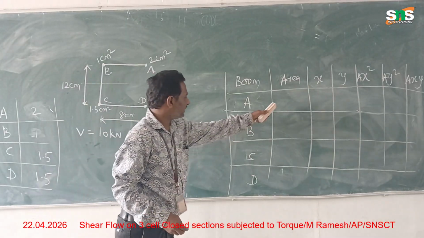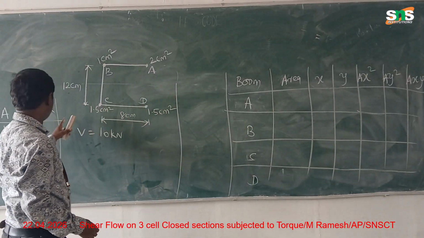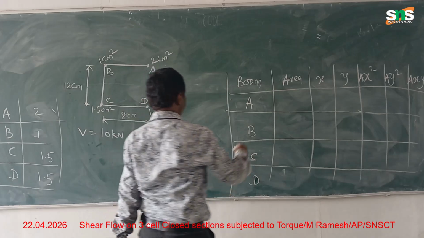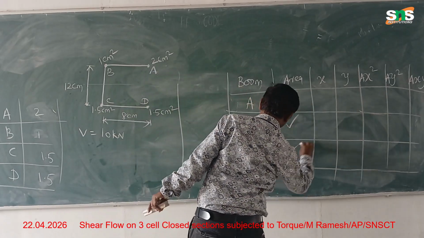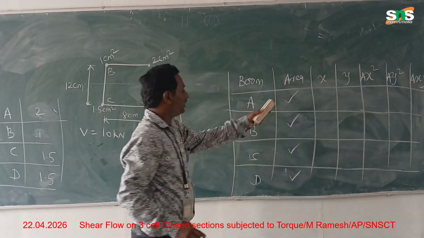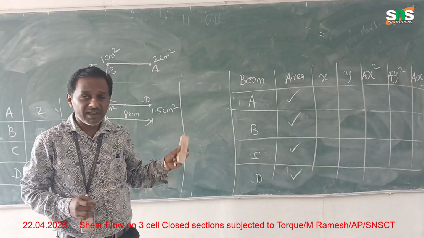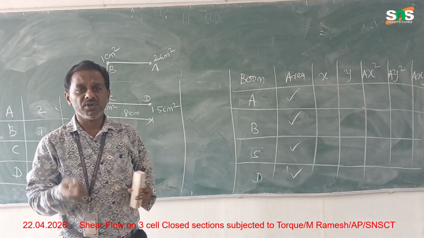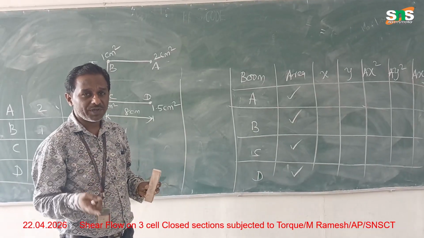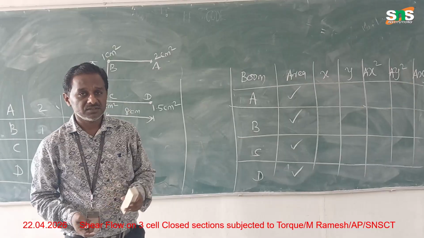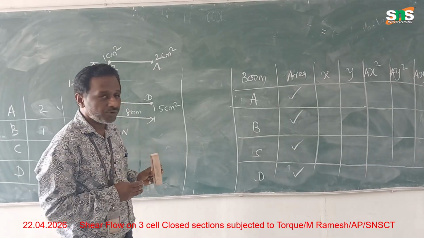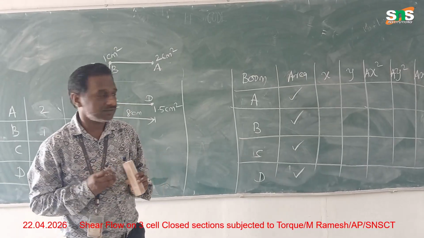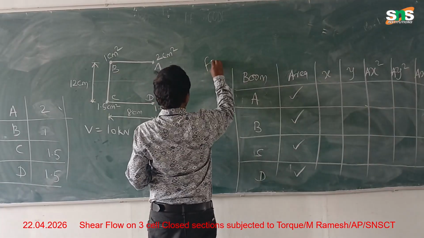We all know that the areas of the booms are given: 2, 1, 1.5. So this is given, and the x y values are to be found out with respect to a reference axis. Moreover, this derivation is to be taken from the central axis, from the CG axis.